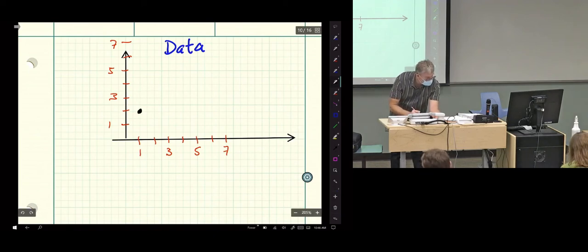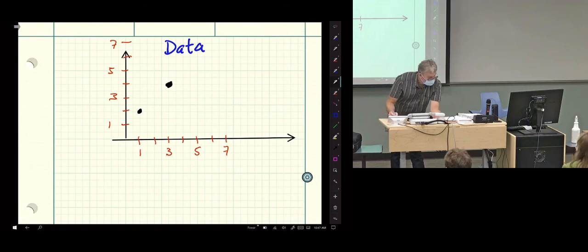Here's one data point. My next data point is at 3, 4. So 3 on the x. There's another data point.